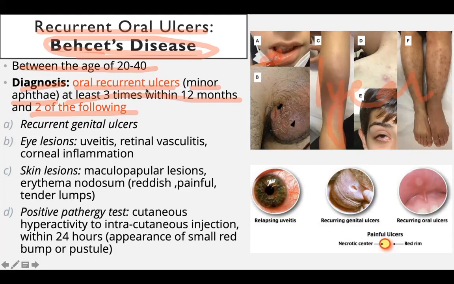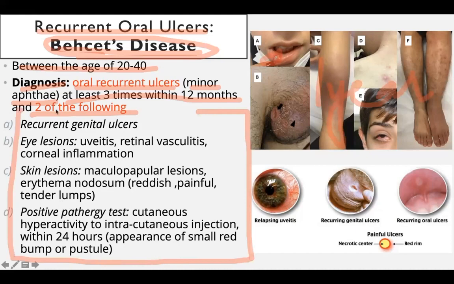And then other than this, we have 2 of the following 4. What are these 4? Along with the oral ulcer, there can be recurrent genital ulcers, as you can see here on testes. There can be eye lesions, including uveitis, retinal vasculitis, or corneal inflammation.